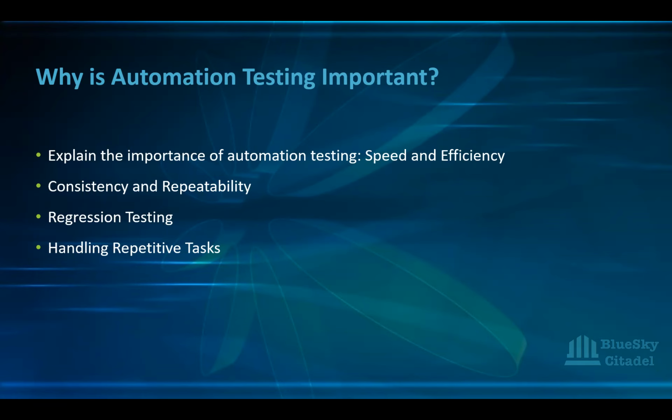So it's used to handle regression testing, repetitive tasks, and also, like I said earlier, it helps to provide quick feedback in the development process. There's also the concept of cross-browser testing, which you will need automation testing for.